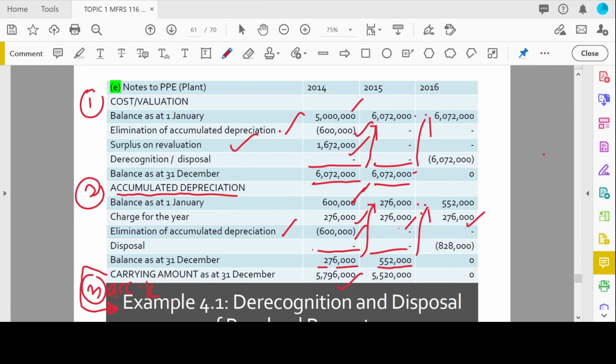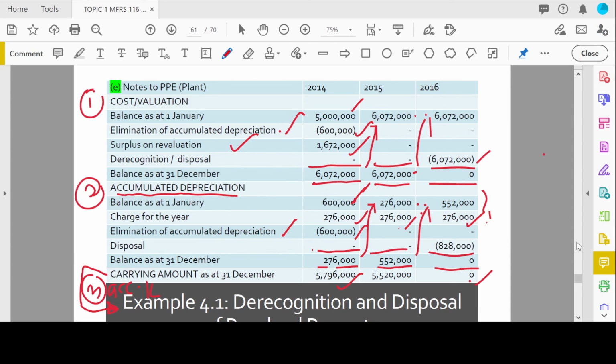We dispose the 6.072 cost, so it equals 0. And on disposal, we remove all accumulated depreciation, the total being 828,000. So we remove everything, and it equals 0. Hence the carrying amount is equal to 0.